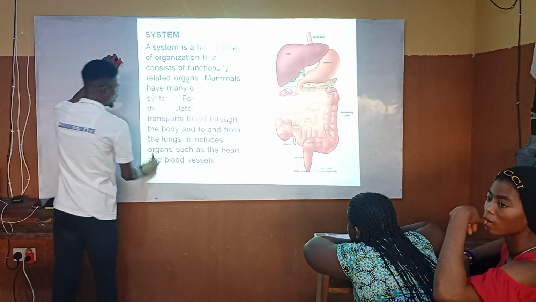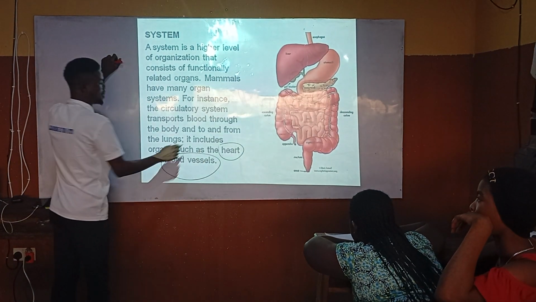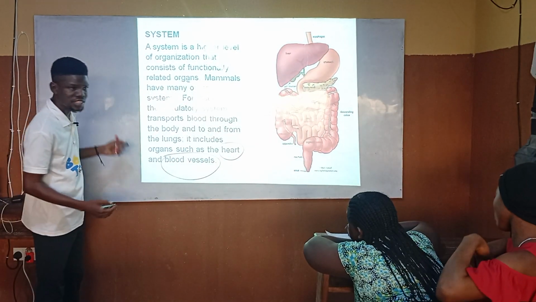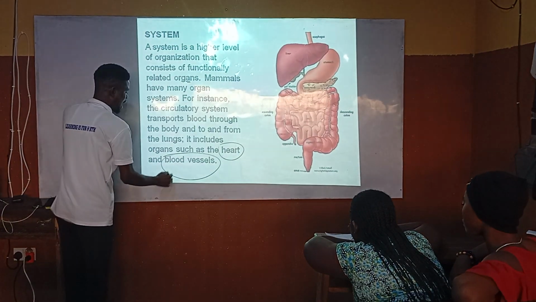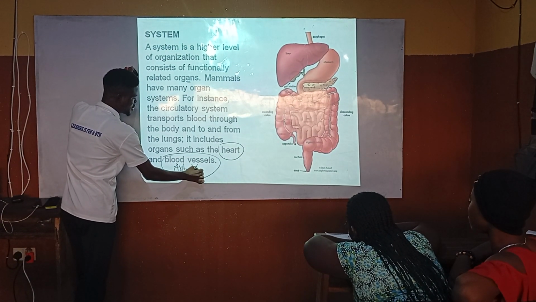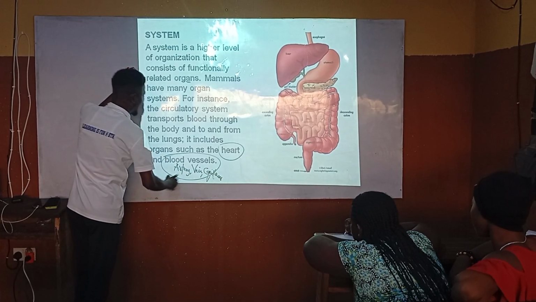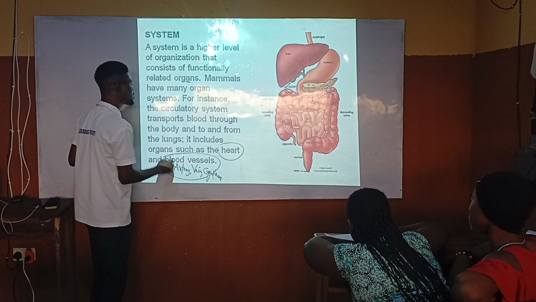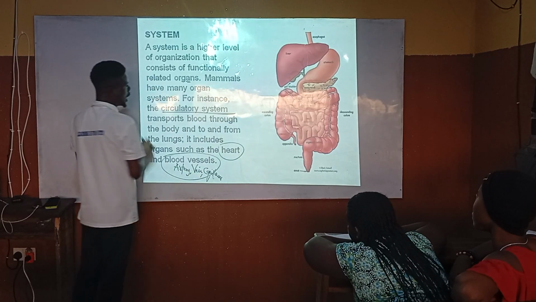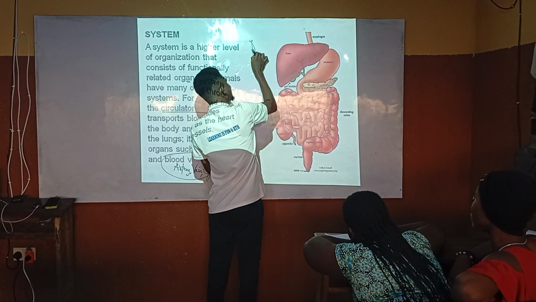It includes organs such as heart. I talked about this the other time that blood vessels are organs. So what are the blood vessels that we have? Arteries, veins, and capillaries. So they are all organs along with the heart that make up the circulatory system.